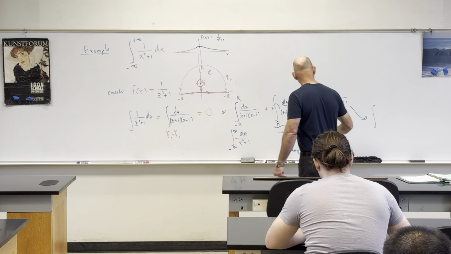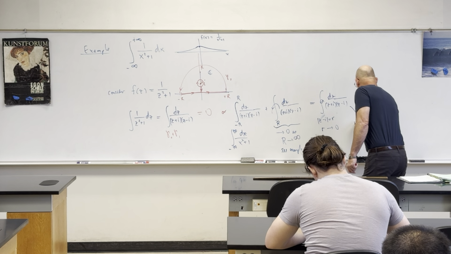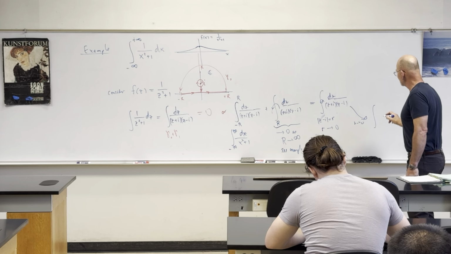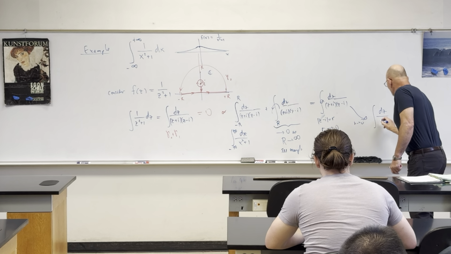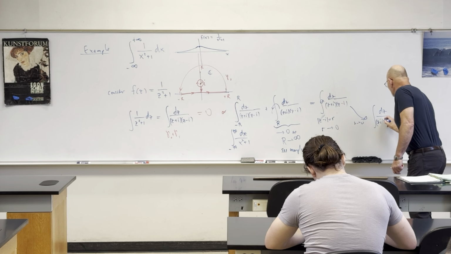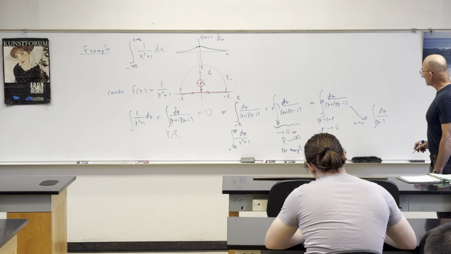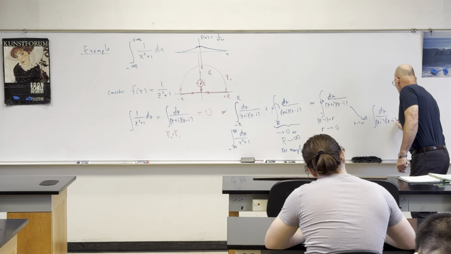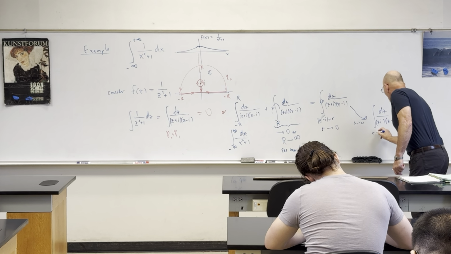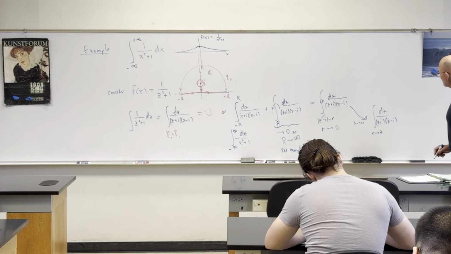So as r goes to 0, we're going to have dz, z plus I goes to 2I, and z minus I is the one we're going to focus on for r very, very small.